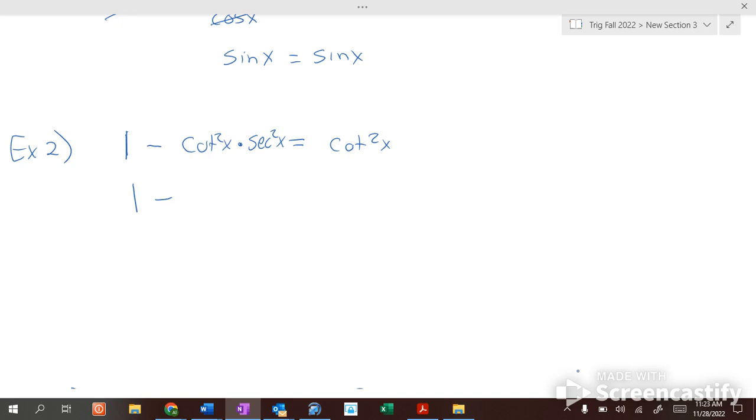What should we change cotangent into? Cosine squared of x over sine squared of x. What do we change secant into? 1 over cosine squared of x equals cotangent squared of x.